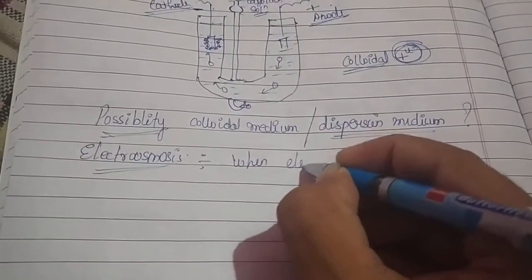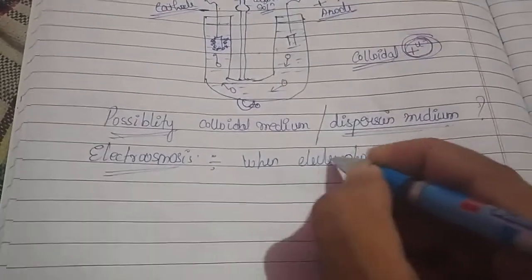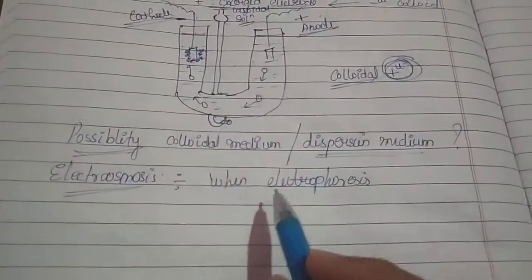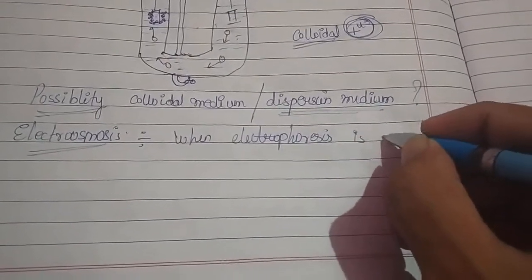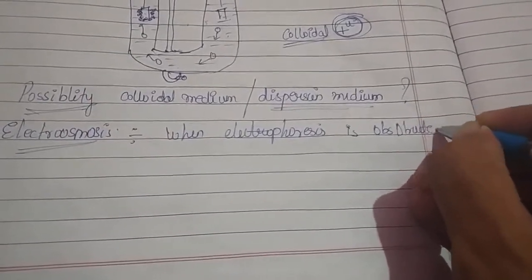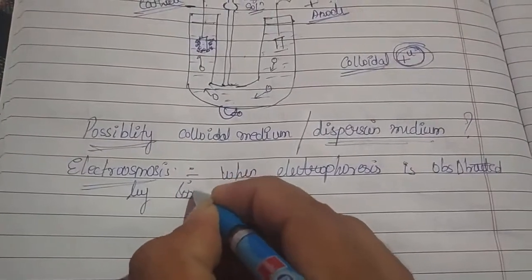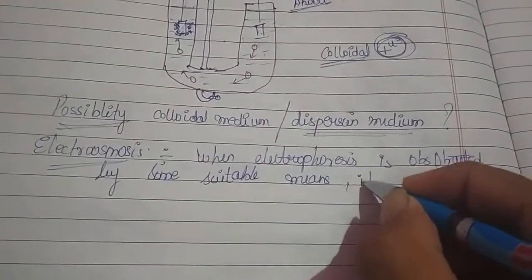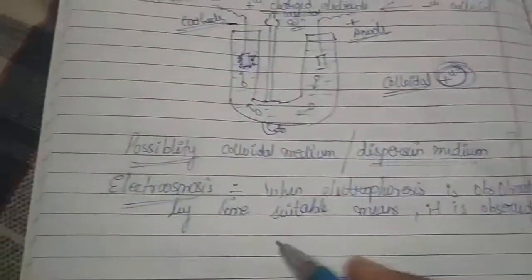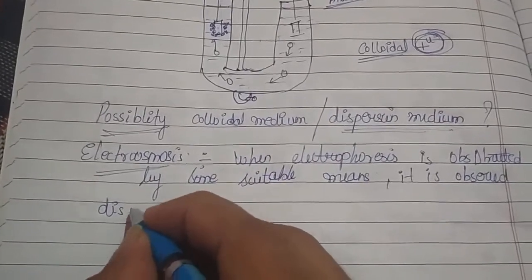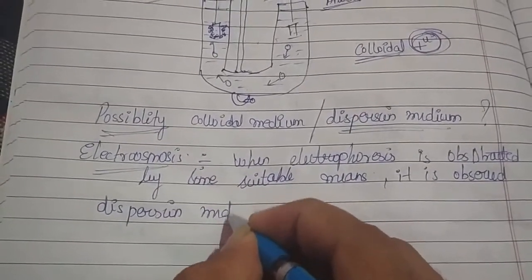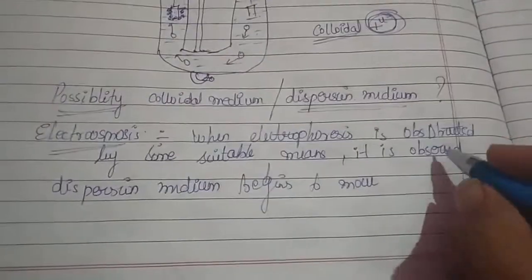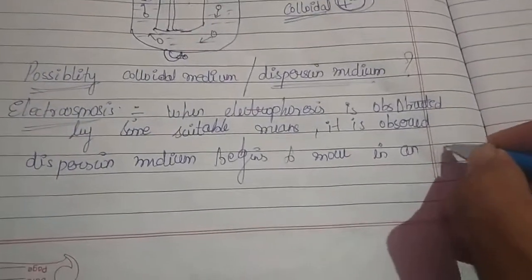So when electrophoresis, that is the movement of the colloidal particles under the influence of an electric field, is obstructed by some suitable means, it is observed that the dispersion medium begins to move under the influence of an electric field.